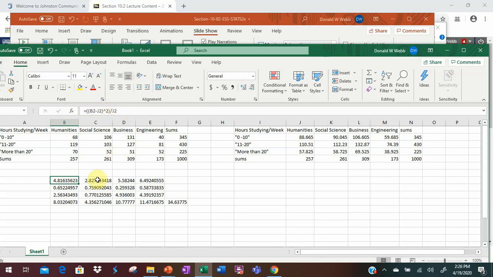Once I did that and dragged sideways, I go column wise, it knows to do my columns. Everything is lined up. The bottom was just a sum of these, this one was the sum of these, and I just summed these up to give me the 34.63775.